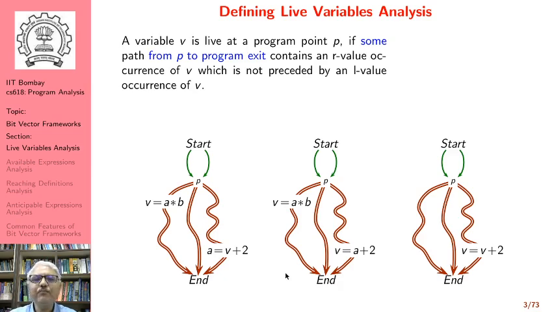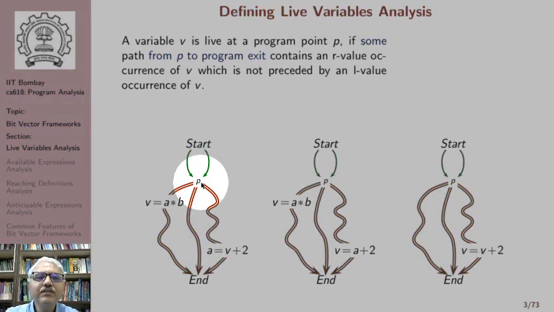The second point says that if some path from P to program exit, there could be multiple paths from P to program exit. For example, here we have this program point P, and there are three paths going from this program point to the end of the program.